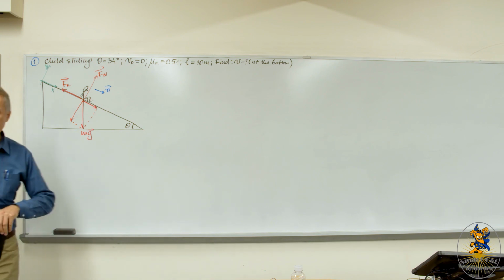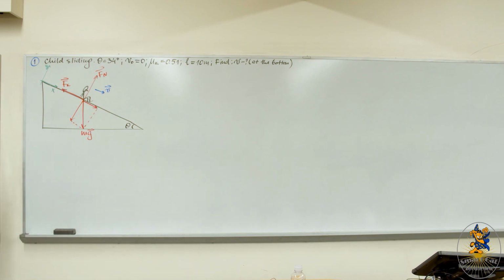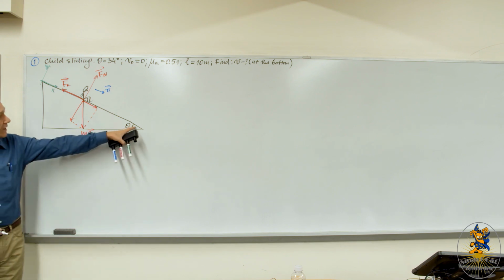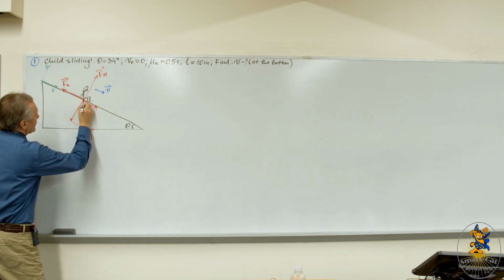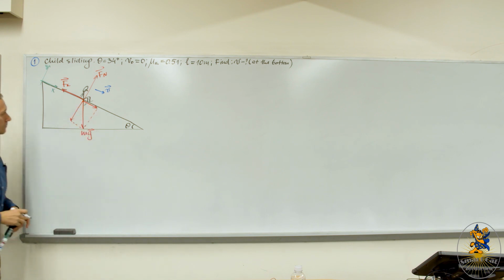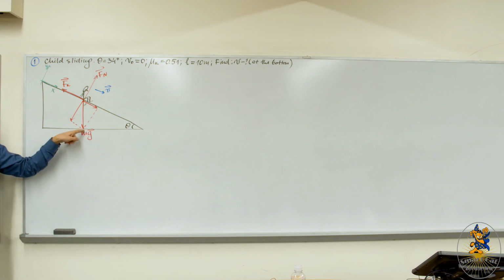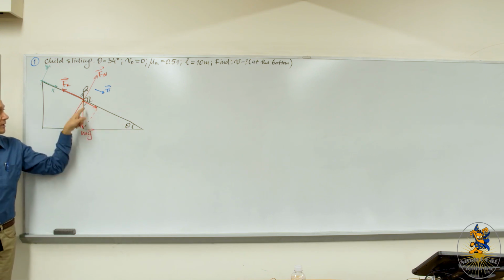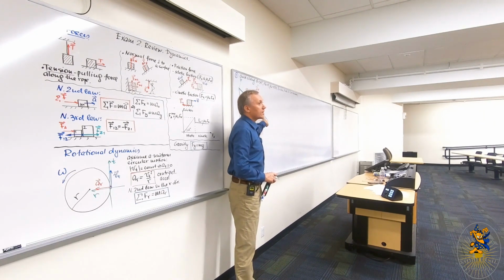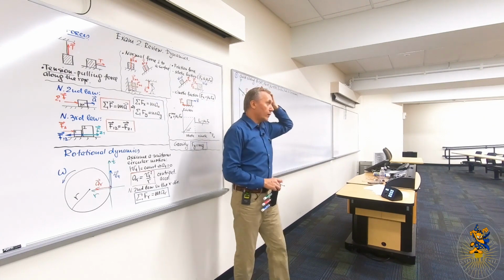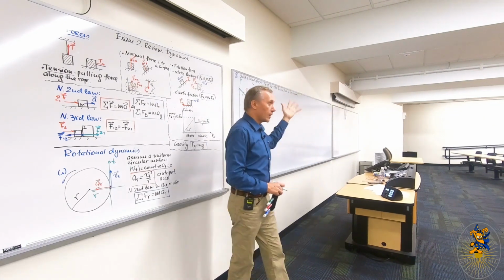Now be careful with angles, because that's the place for mistakes where I think you shouldn't be making mistakes. If this angle is theta, then what can you say about, for example, this angle? Look at this triangle. That angle will be 90 minus theta, because this angle is 90 degrees, that is theta, and the sum of all angles in a triangle must be equal to 180 degrees.